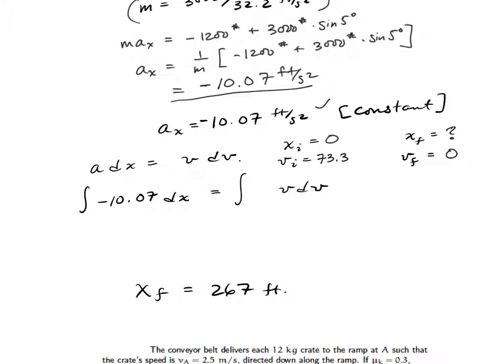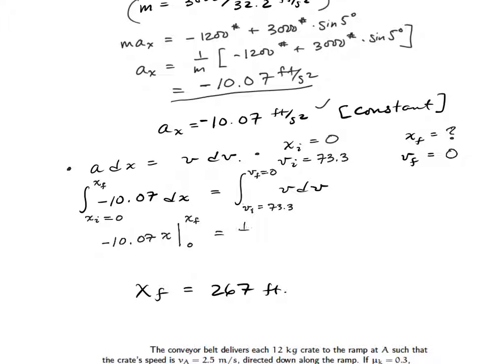So I'm just going to go ahead and put that in my kinematic relationship with acceleration and velocity. I'm going to integrate this from x_i to x final, and integrate the right-hand side from v_i to v final. v_i is equal to 73.3, v final was equal to 0, and x initial was equal to 0. This gives us a nice a times x, which I'm going to evaluate from x_f to 0.